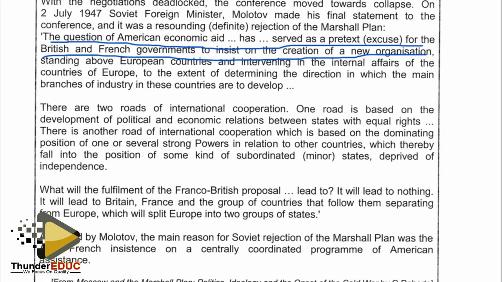He was clearly rejecting the Marshall Plan and accusing it of being a move meant to create an organization that was going to dominate Europe and interfere in the affairs of different countries. At the end of the day, that organization was going to destroy Europe and split it into two worlds. We get it from there.